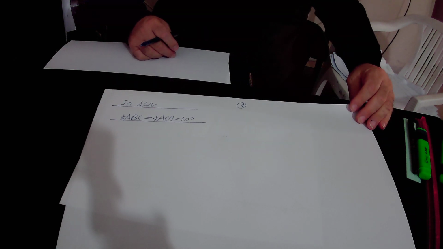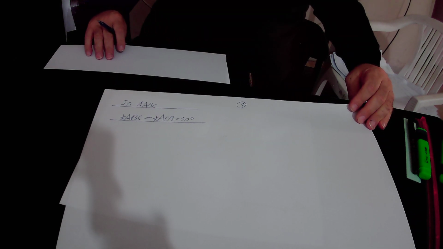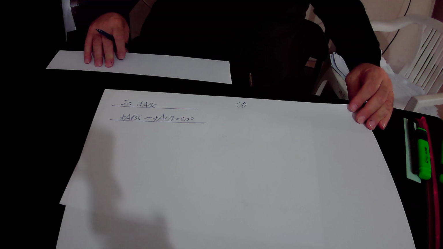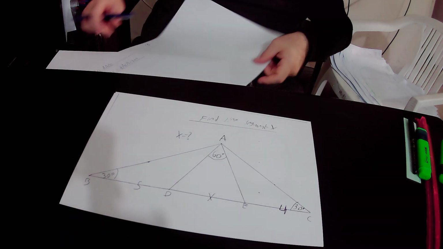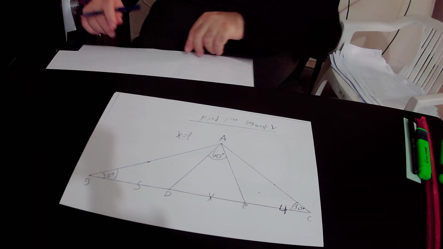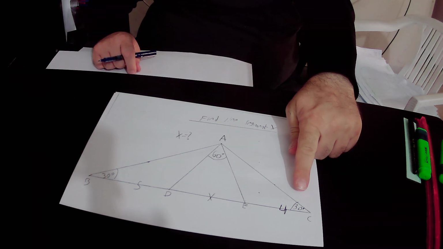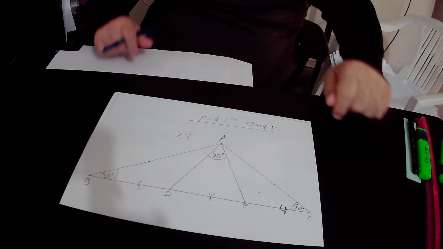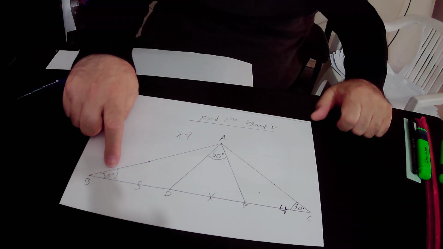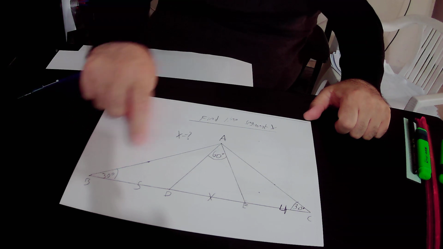And we have the rule that in front of equal angles in the triangle, there are equal sides. So here, in front of this angle we have side AB, and in front of this angle we have side AC.